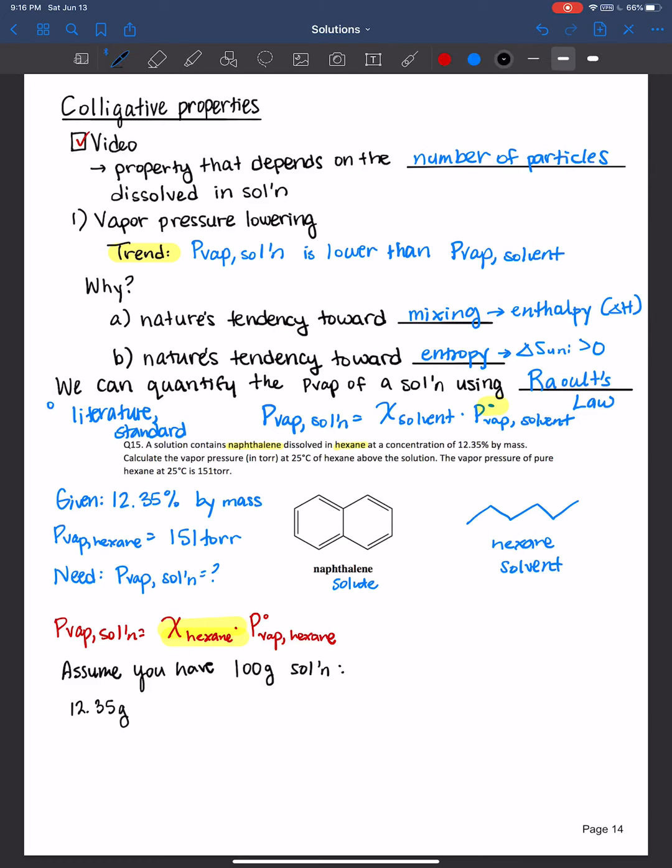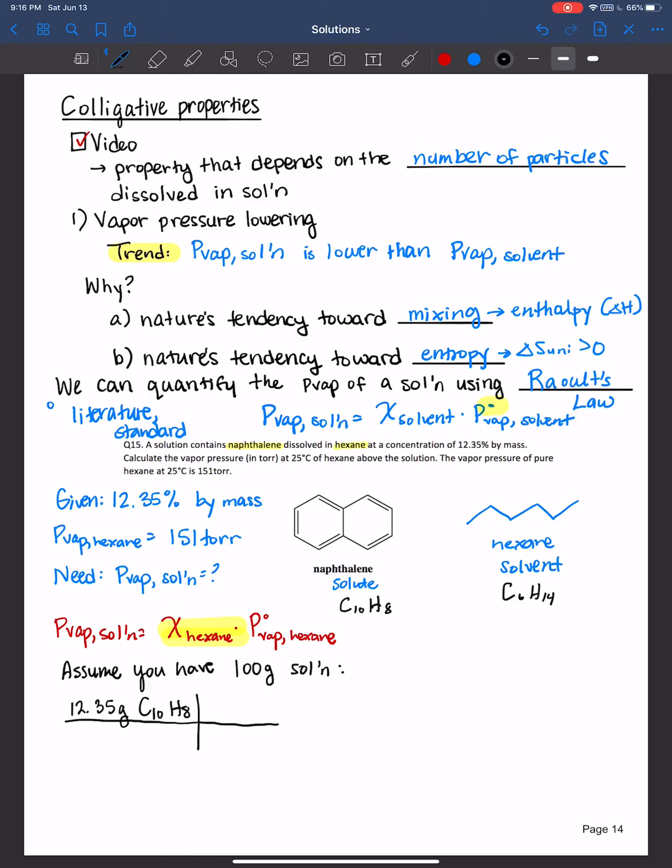Let's go ahead and I will write down the formula C10H8 for naphthalene. Hexane is C6H14. We'll need that for the molar mass. Right now we're talking about naphthalene, and we want to convert that into moles.